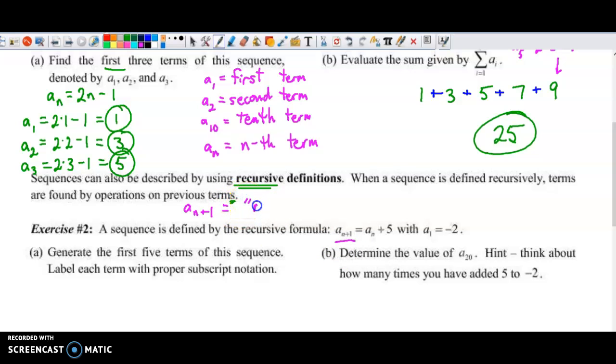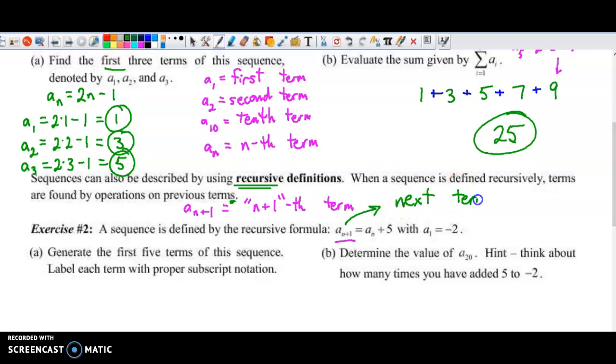Because it's the n plus 1 term. I know that sounds weird, but if you think about a subscript n, then a subscript n plus 1 is what I'm going to call the next term.